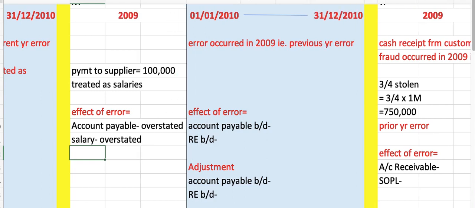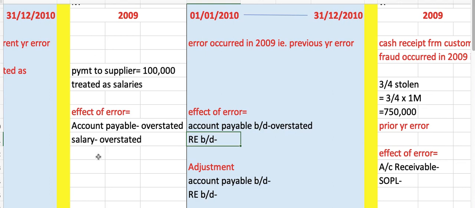It is also overstated, because you have an account payable brought down figure. When you overstate in the previous year, the carried forward figure is also overstated.